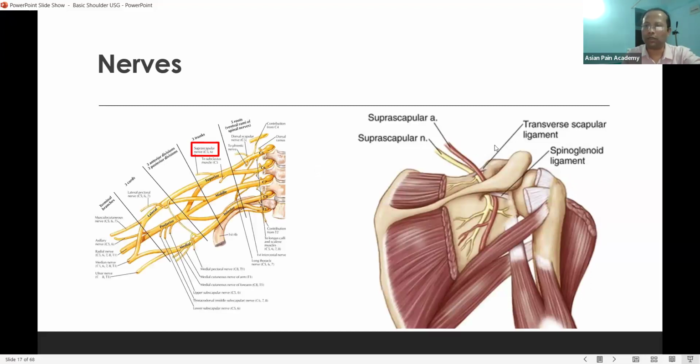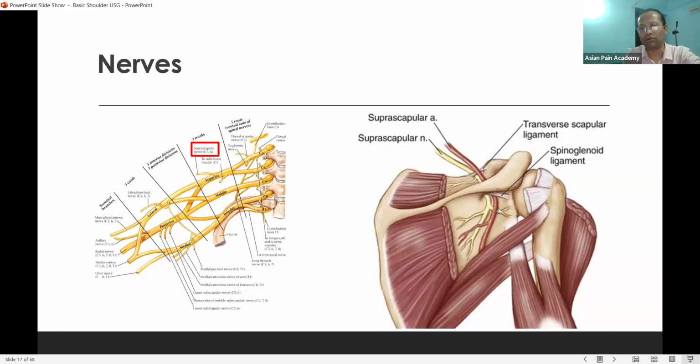Nerves, as I told you, you already know the suprascapular nerve supplies supraspinatus and infraspinatus. But how is it formed? We know the brachial plexus formation: it has roots, trunks, divisions, cords, and then terminal branches. From the trunk part the suprascapular nerve is formed, and we can find it in the supraspinatus fossa, where the artery and nerve remain together.